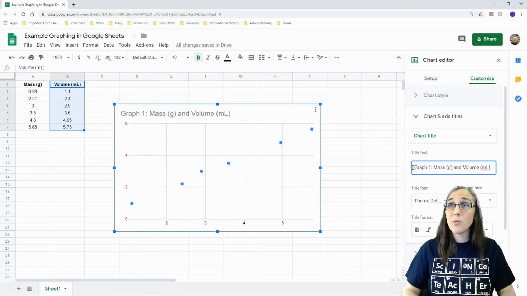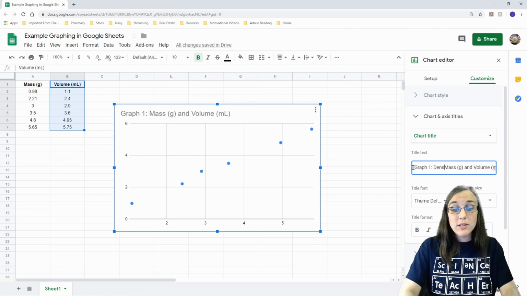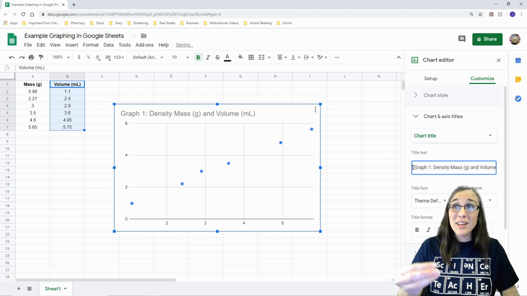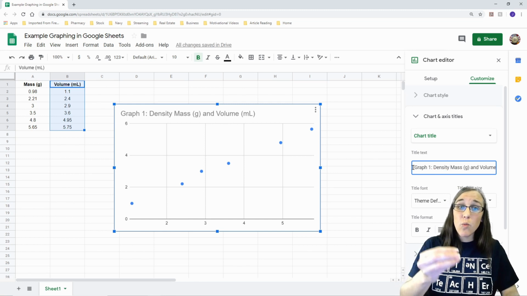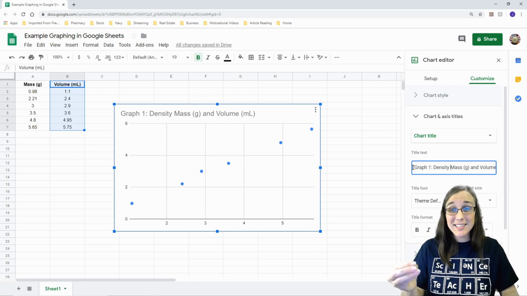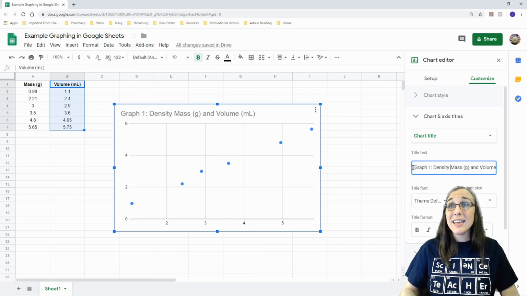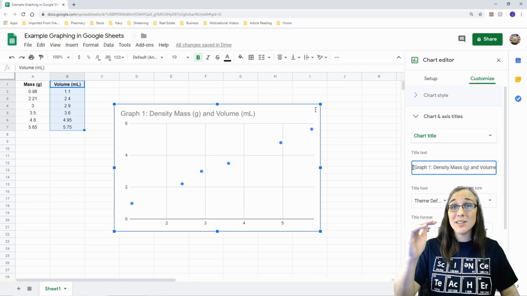So I always start with graph 1. Now I'm going to explain what my graph is about. It's about density. Now, density and everything we've been talking about thus far has been in terms of y versus x. Therefore, your title should also reflect y versus x. And again, as mentioned before, density is mass divided by volume, y over x.